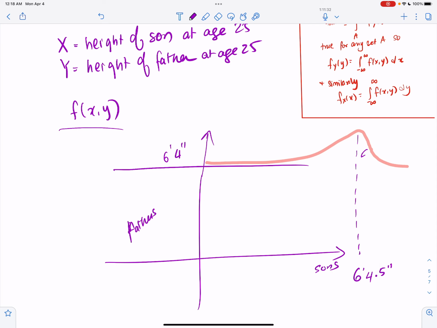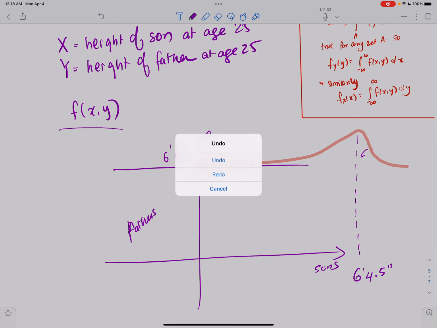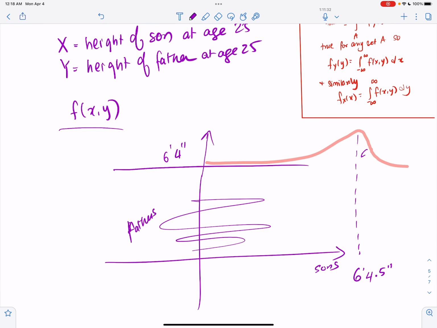And for each value of y, you have a certain density for the height of the son. Okay? And maybe the mean is just a little bit more than the father's height, or it could be something completely different.